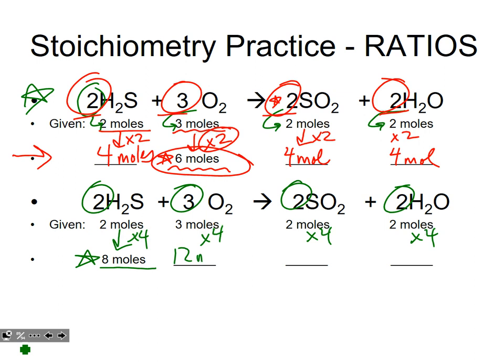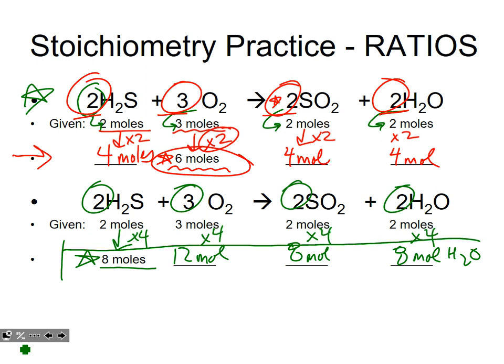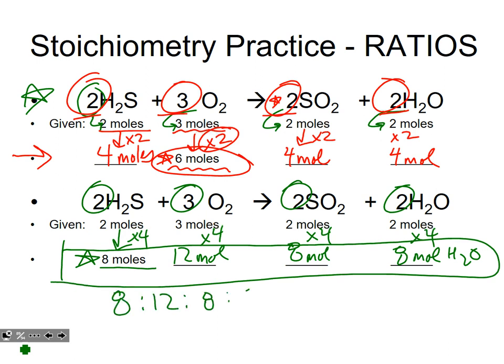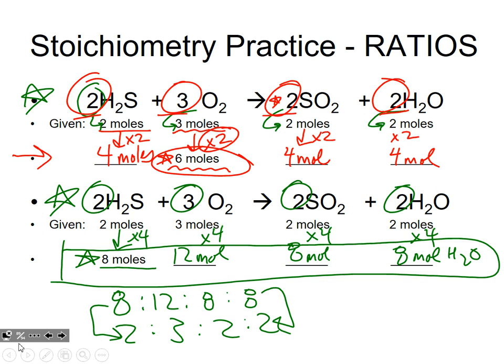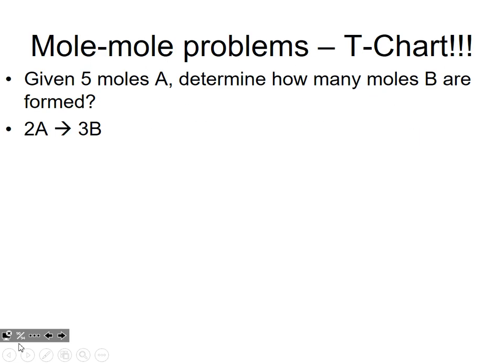So this is going to be 12 moles of oxygen, 8 moles of SO2, and 8 moles of water. Because when you do that, look at these numbers here. This is 8 to 12 to 8 to 8 moles. This is the exact same thing as the ratio between the coefficients of 2 to 3 to 2 to 2. It's the same. It reduces down to this. So I've kept the proportions intact, which is crucial.